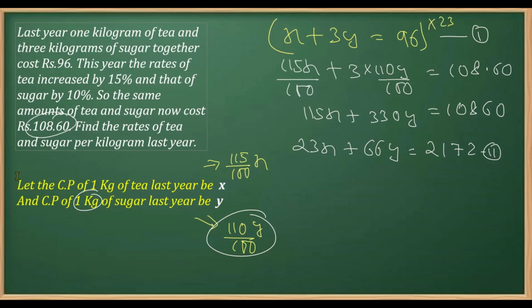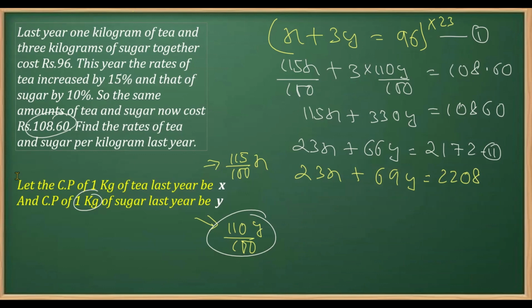It will give you 23 times x, and 3 times 23 is 69y. And similarly, I multiply 23 with 96, which is 2208. Now I'll do elimination, and for elimination, I'll be subtracting these two equations.